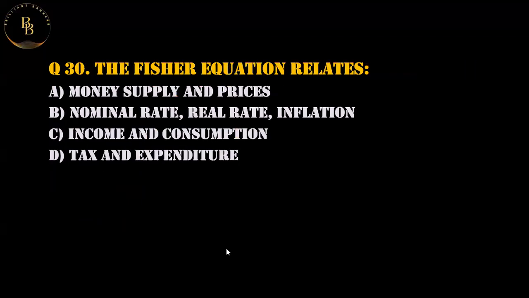Coming to question number 30, the Fisher equation relates to what? Money supply and prices, nominal rate, real rate, and inflation, income and consumption, or tax and expenditure? And what is the Fisher equation?